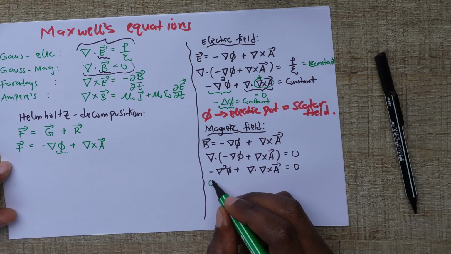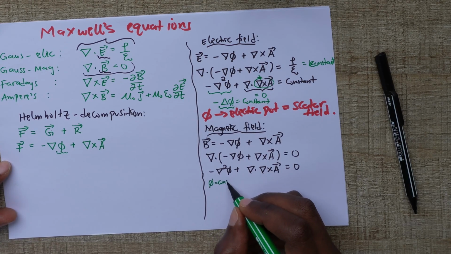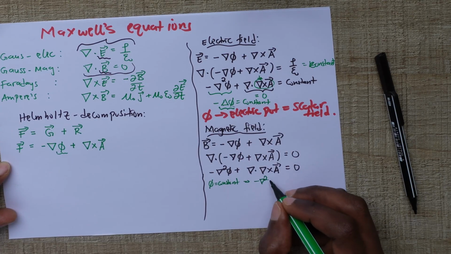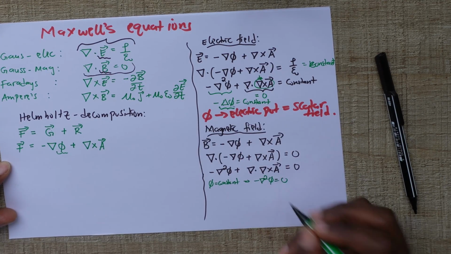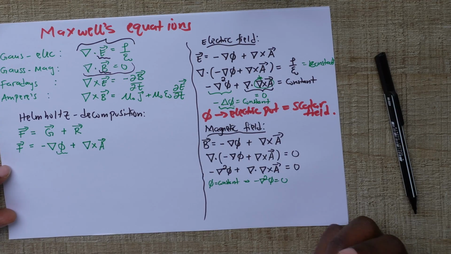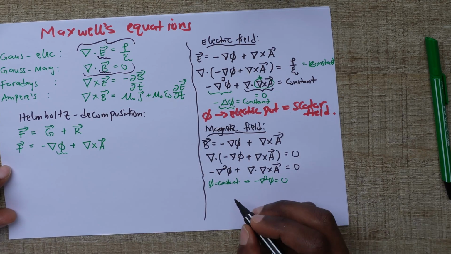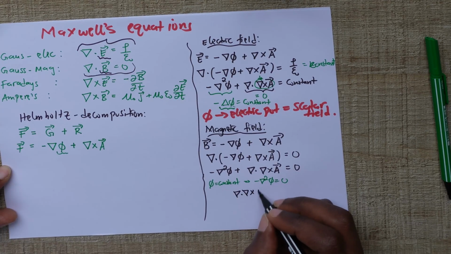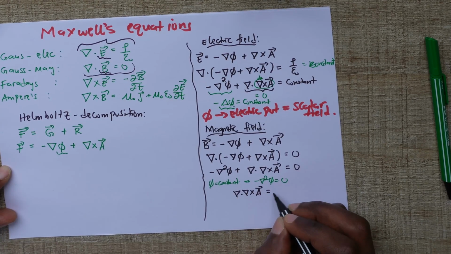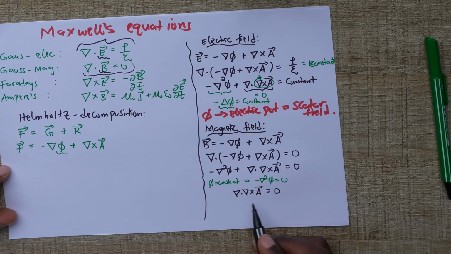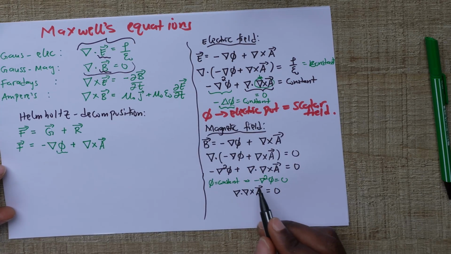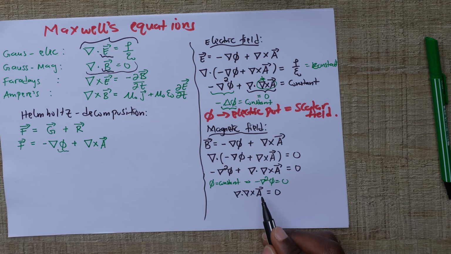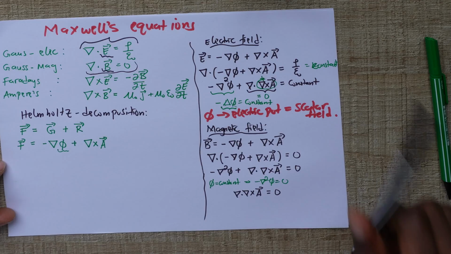So here, phi must be a constant such that the second order derivatives would just give us 0. And this would leave us with nabla dot nabla cross A, which indeed is 0. Same reasoning as we previously did. If you have the dot product between two perpendicular fields, the result is 0.